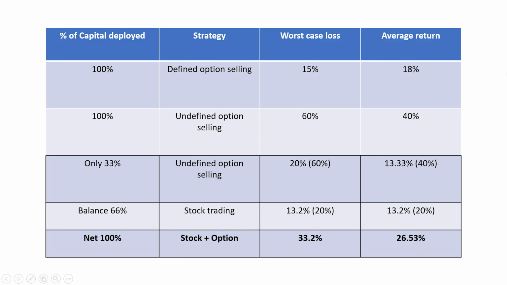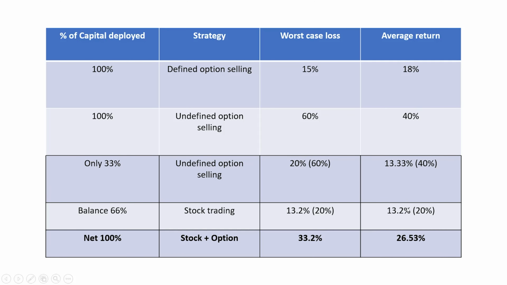Now you can see this is tax effective also. Both option selling strategies, defined and undefined, will cost about 30% in taxes. So 30% of the 13.33% will be deducted here, and here, if you have short term capital gain tax, only 20% will be deducted.